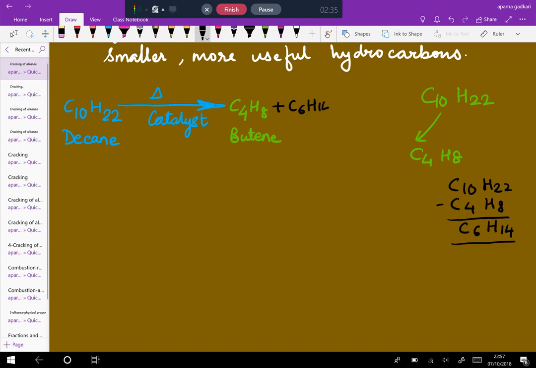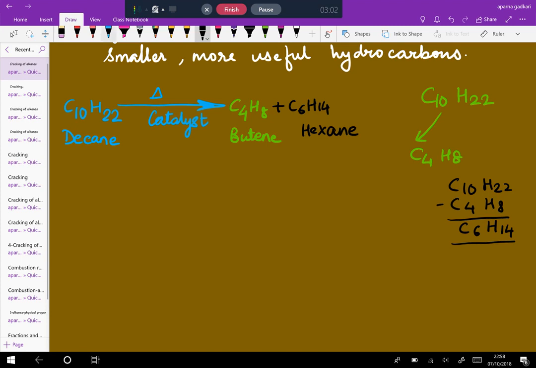It has 2 into 6 plus 2 number of hydrogen atoms, so it is an alkane, and this alkane is a hexane because there are 6 carbon atoms. So this can be a product.